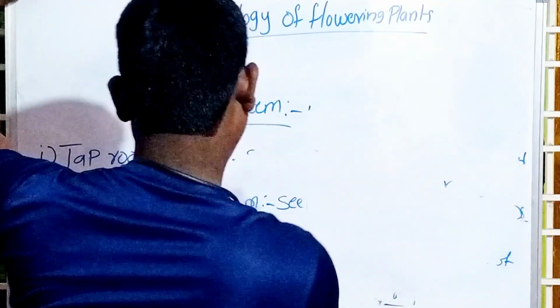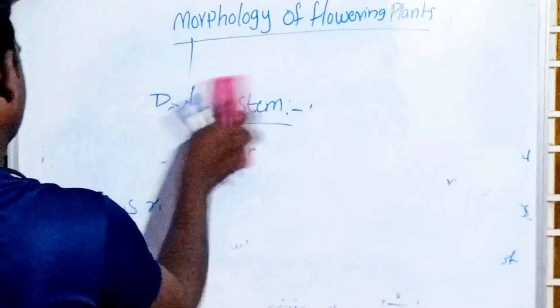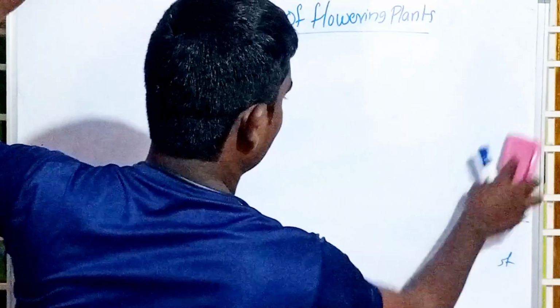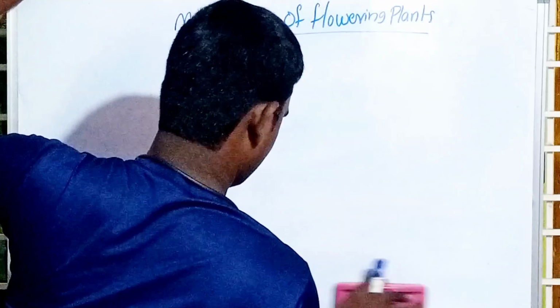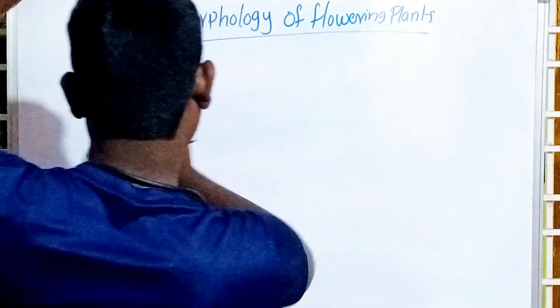Shoot system consists of stem, leaves, flower and fruit.